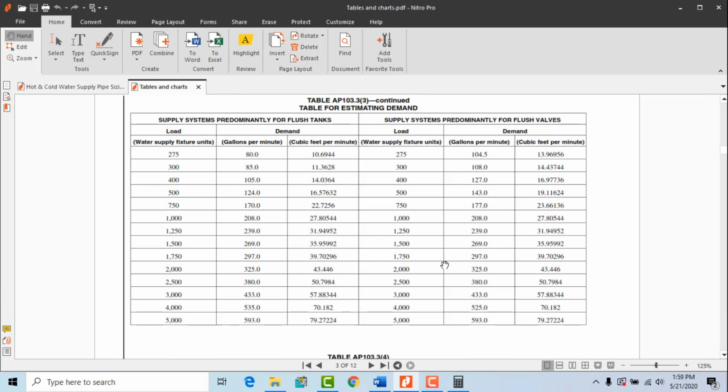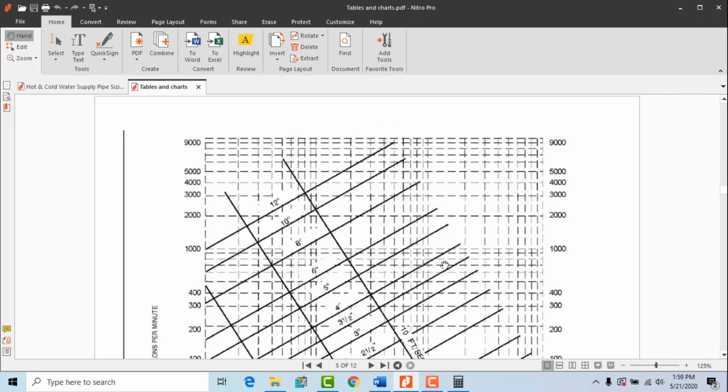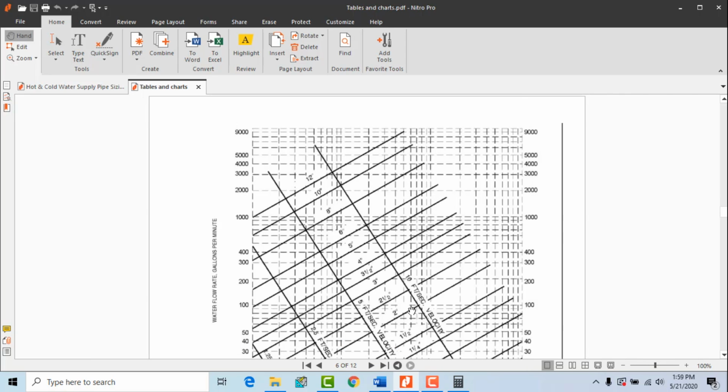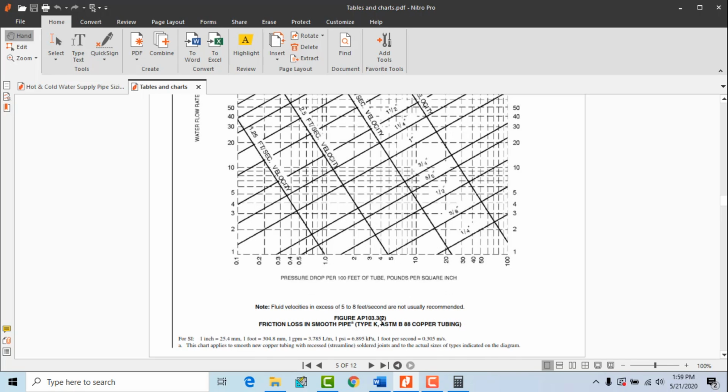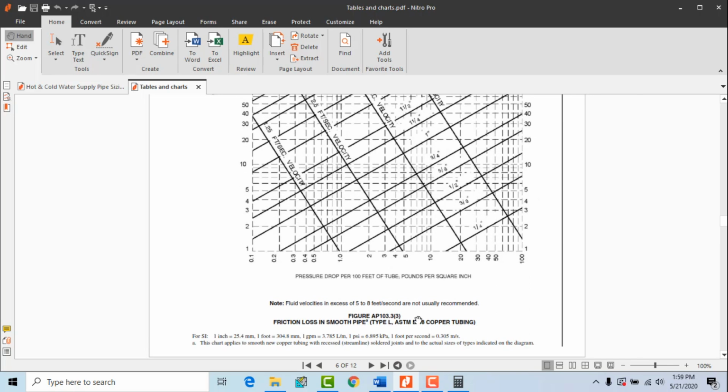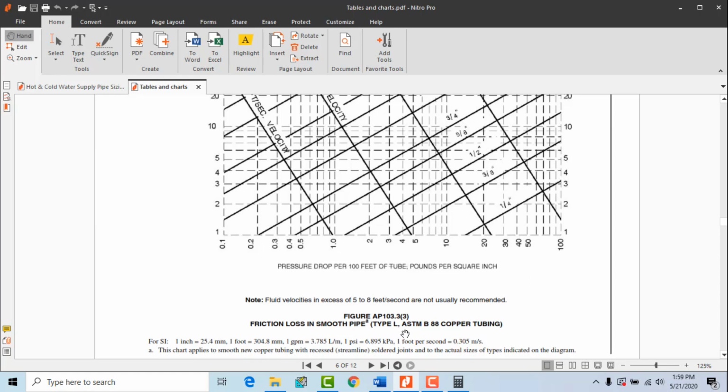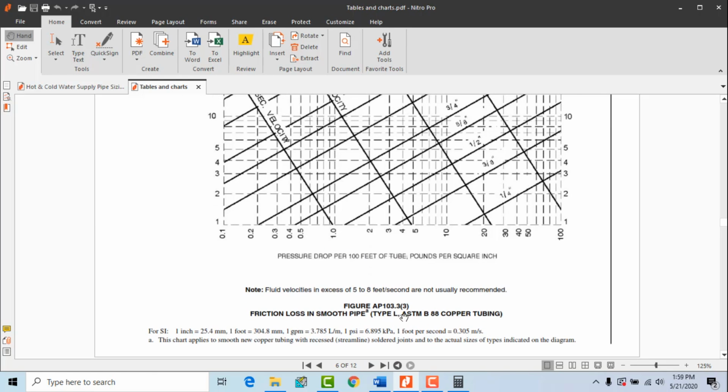When we go over here, this is the chart for copper K type. Since we use copper L type in our project, we need to use this chart, figure 103.3.